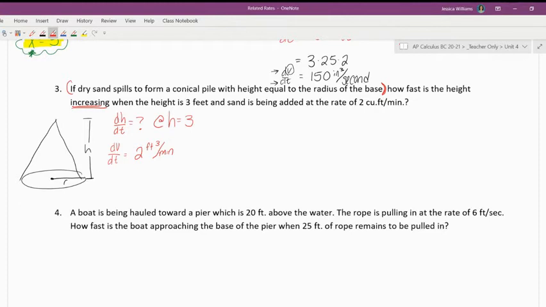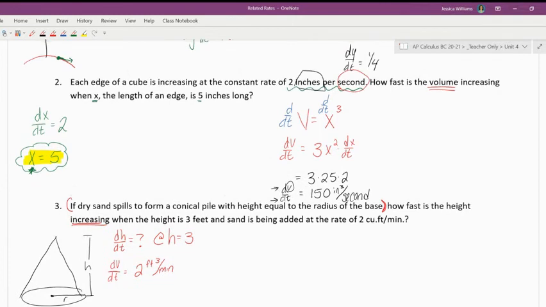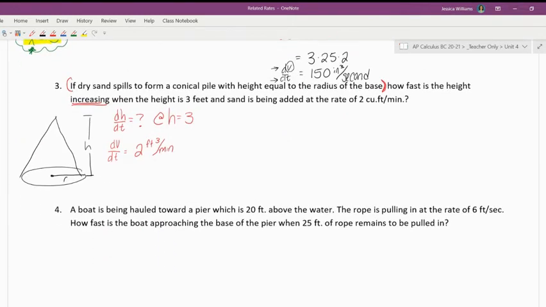Okay, now I'm going to look at what I've got and figure out what I need to set up, because they never specifically said, and in number 2, they specifically said volume increasing. So I need to come up with, in my little brain, some equation that I can differentiate both sides of that has volume and has height in it. Well, lucky for me, I took geometry once, and I know the volume of a cone is 1/3 pi r squared h.